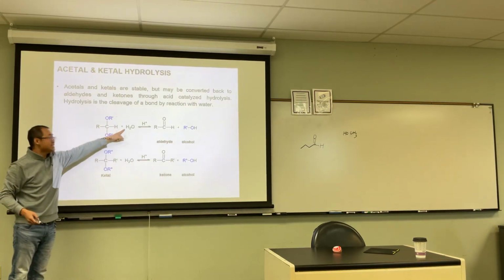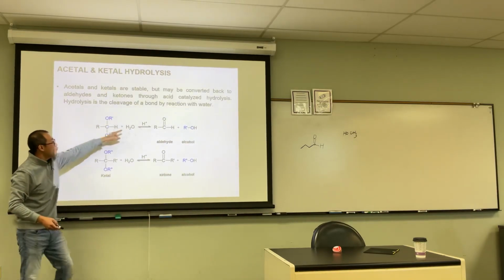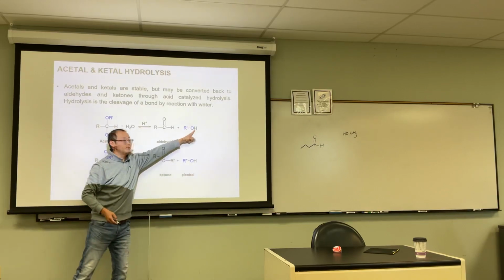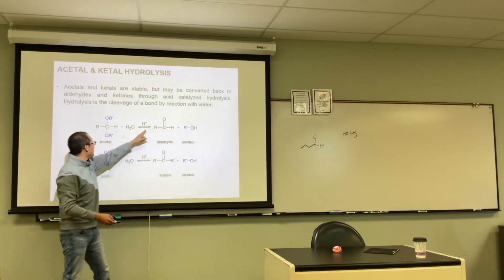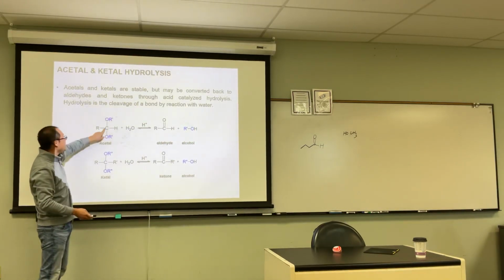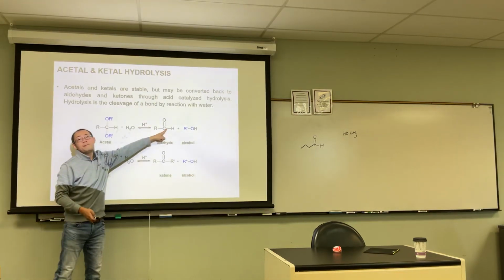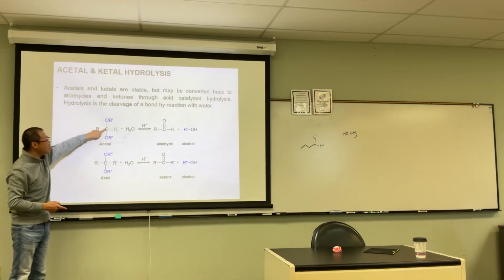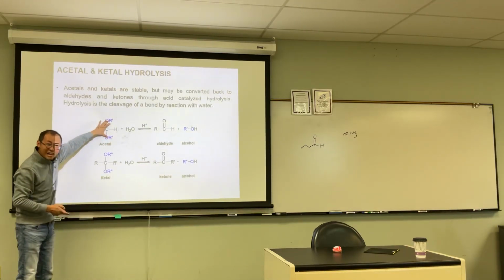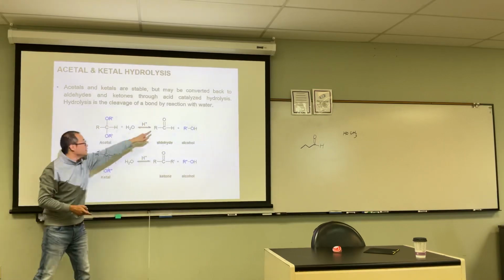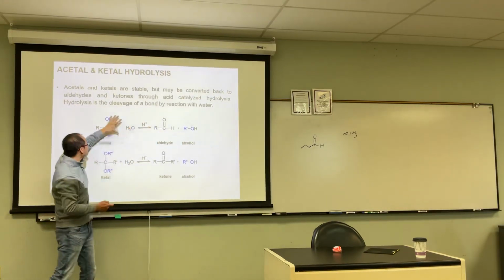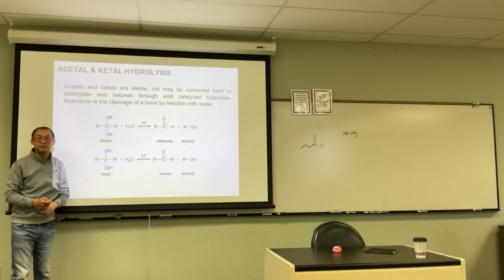If we treat it with an acid, both become what? Alcohol. RO add an H, and then just take these away and put a double bond back. Remember, this carbon, as I've said many times, with those two ORs added, was our carbonyl carbon. They're just added with two alcohols on it.